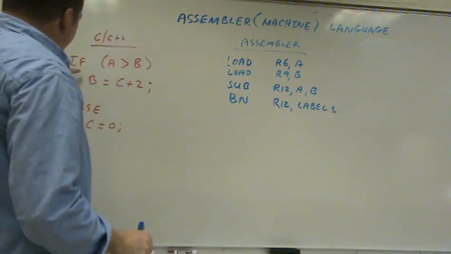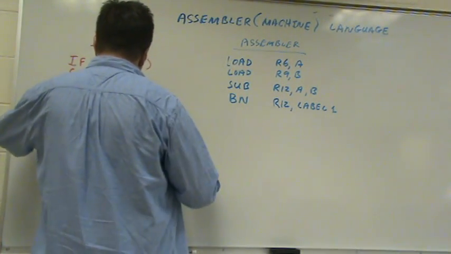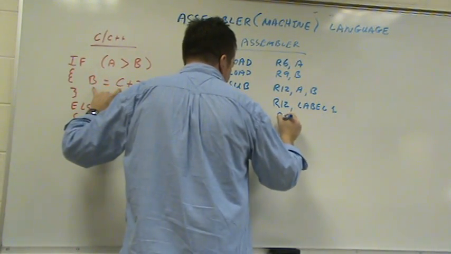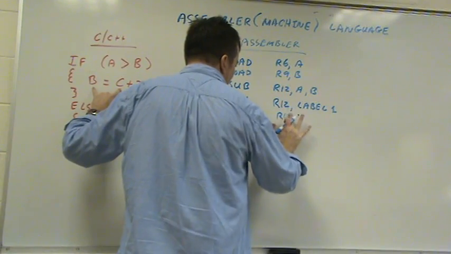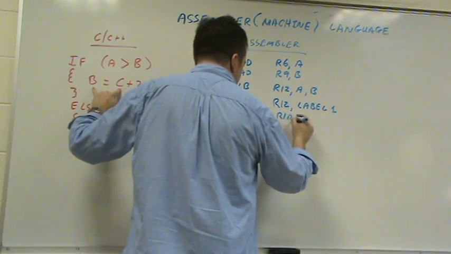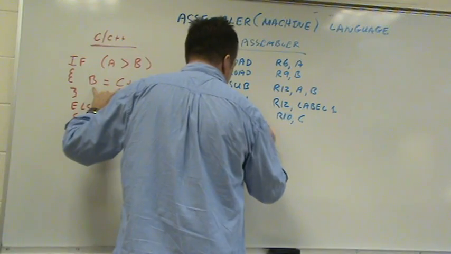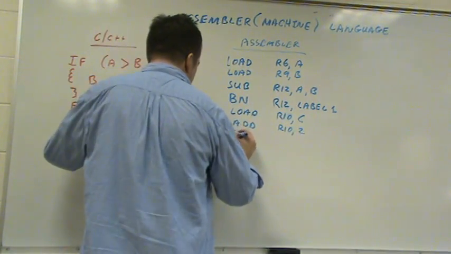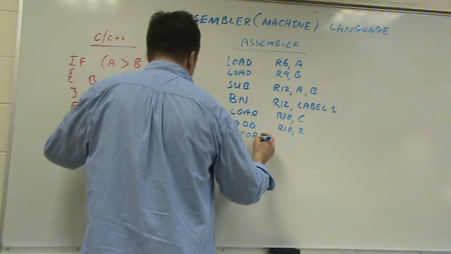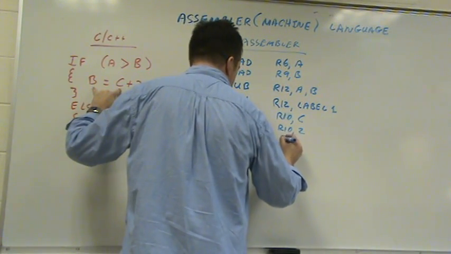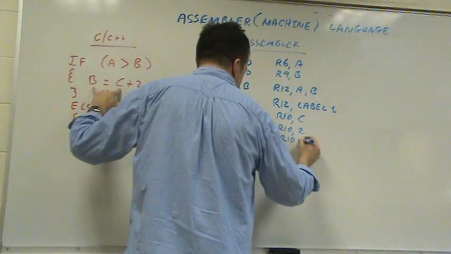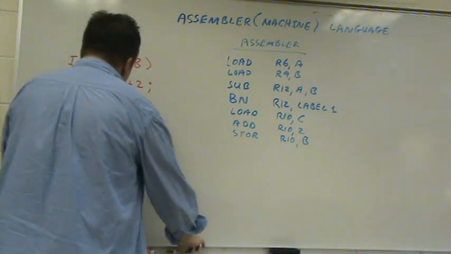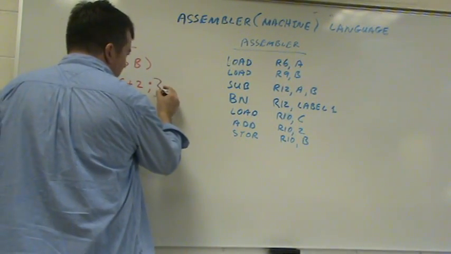Now, what would we do if it's not true? We would say, load register 9, nope, I used 9, register 10 with C, add to register 10 the number 2, store register 10 into B, memory location B. Okay, so this line is showing up here.